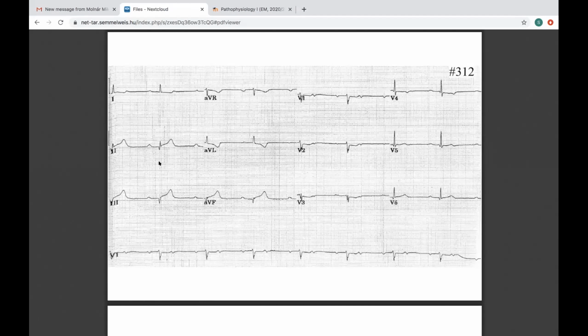And the P wave is normal. And the PR interval is normal. QRS is normal. Okay, before you jump to the QRS, what do you think? Is every P wave conducted?